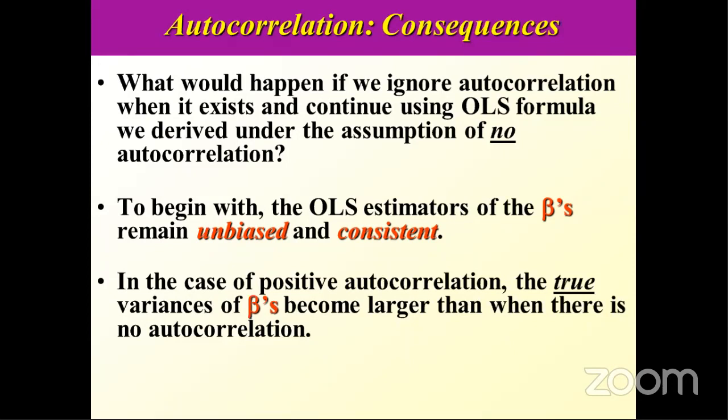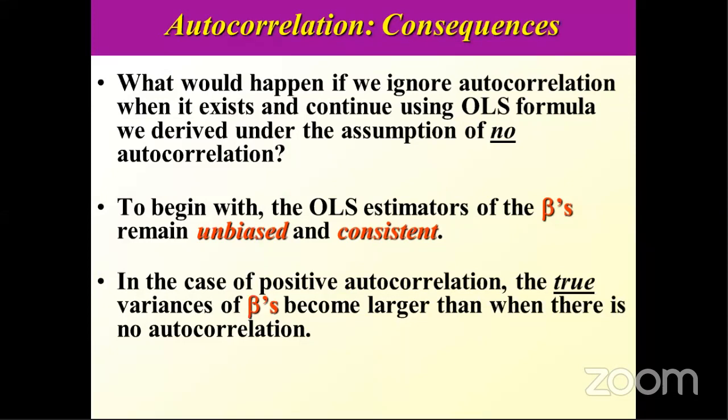One of the most important points which we have noted in the use of regression analysis in practice is the assumption that our OLS estimators, that is beta 1 hat and beta 2 hat and so on, are BLUE, the best linear unbiased estimators. Our regression estimators are best linear unbiased estimators only when the assumptions are met by our regression model.